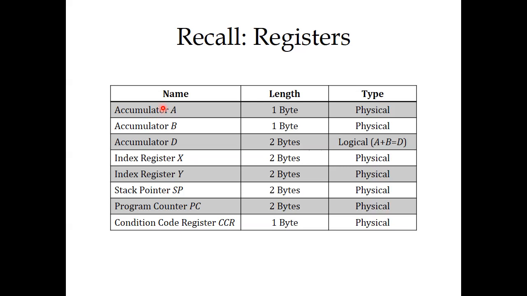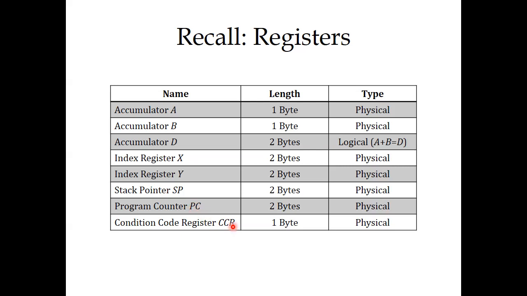As you can see in this list, only accumulator A and accumulator B are 1 byte each. Except for these two, starting from accumulator D, index registers X and Y, stack pointer SP, and program counter PC, everything is 2 bytes.